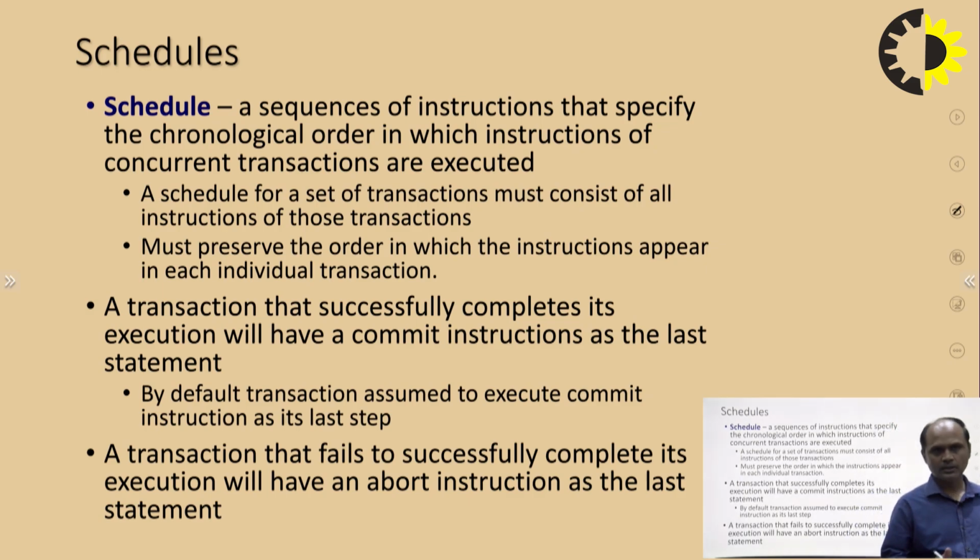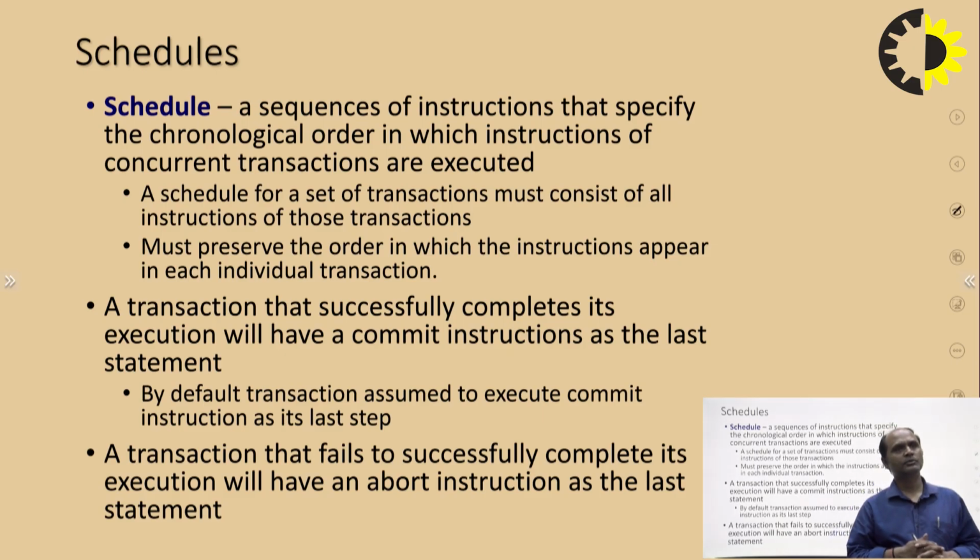So this is the next part of our transaction, that is schedule. What is a schedule? It is a sequence of instructions that specifies the chronological order in which instructions of concurrent transactions are executed.